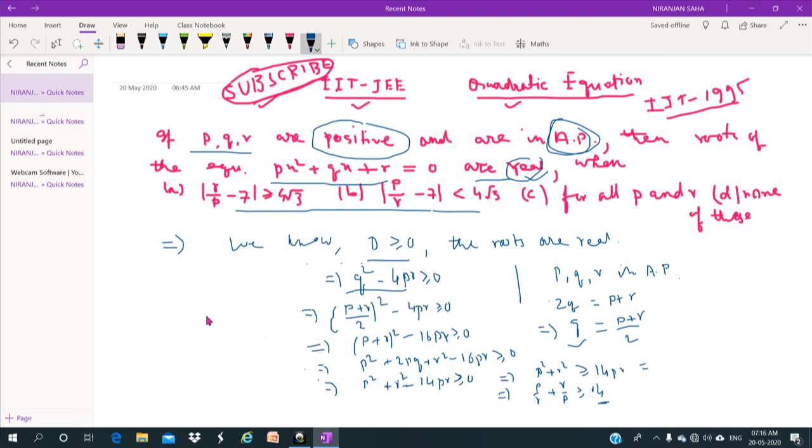If we take p and r all positive, p equal to 2 and r equal to 1, then it does not satisfy greater than equal to 14. So this option can be cut down.